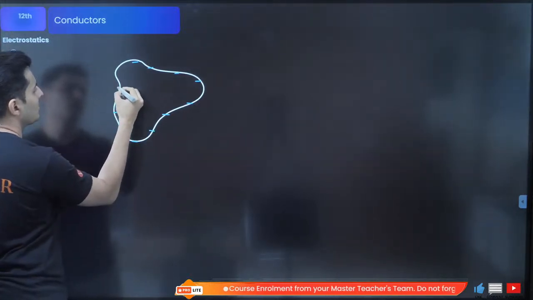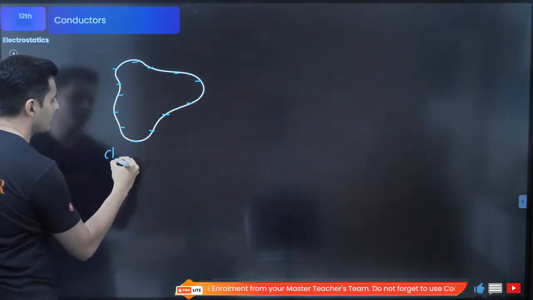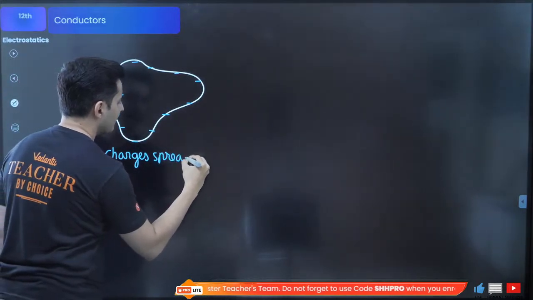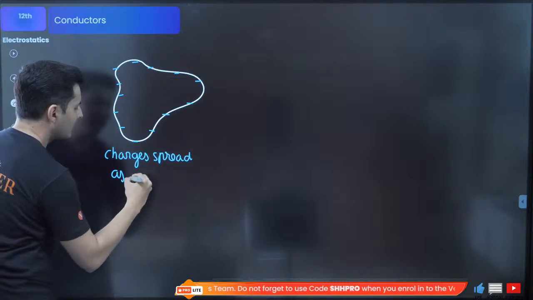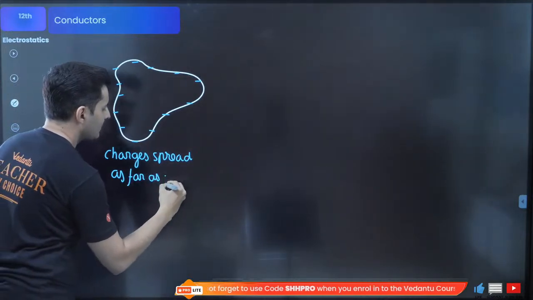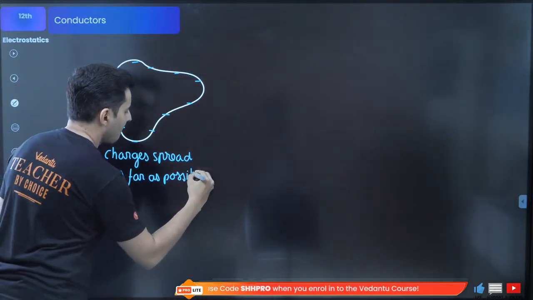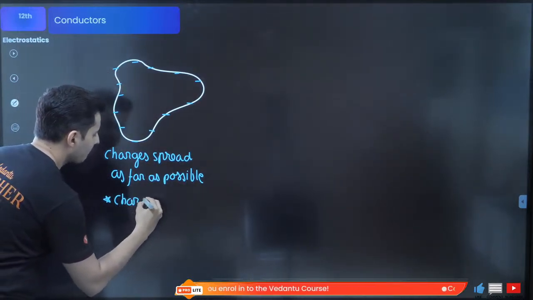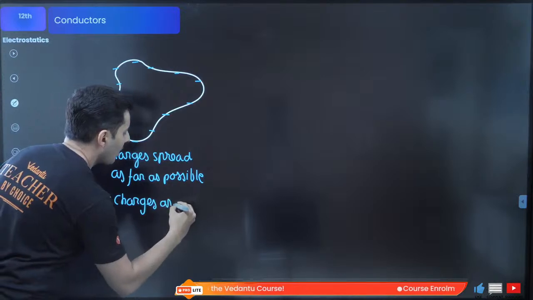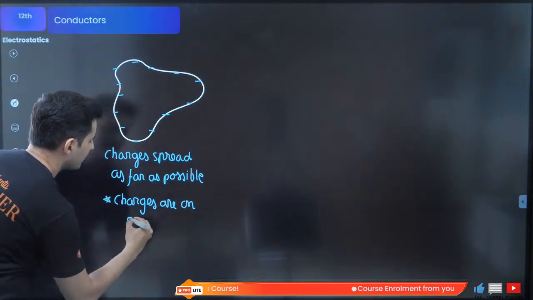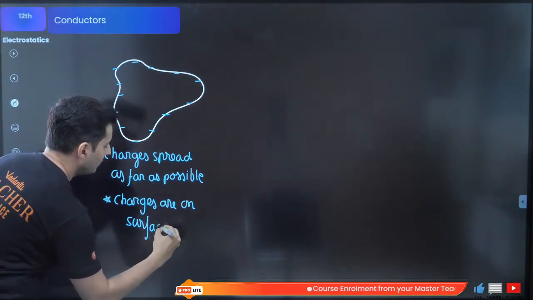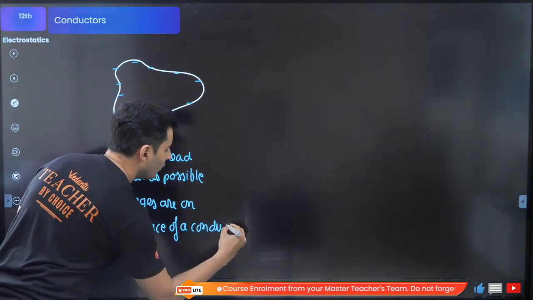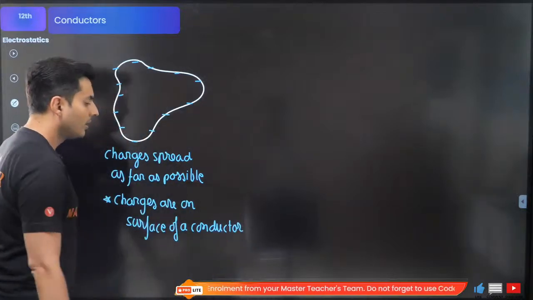The charges try to spread as far as possible, and I would say that the charges are on the surface of a conductor. This is not true for insulators like glass, wood, plastic, etc.